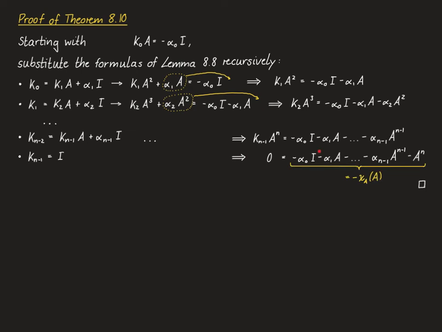Observe that the right-hand side of this equation is exactly equal to minus the characteristic polynomial chi_A of the matrix A. And since on the left-hand side we have a 0, our proof is complete.